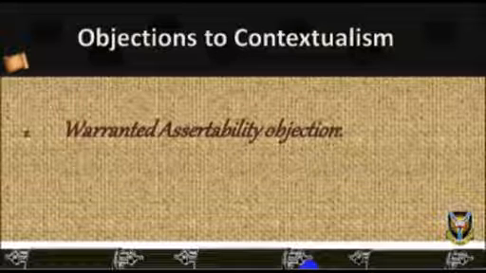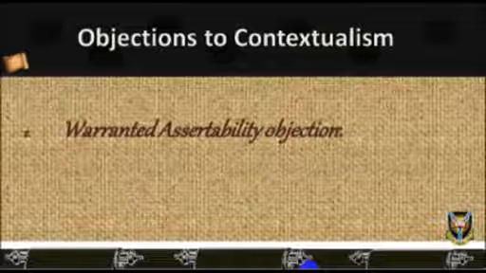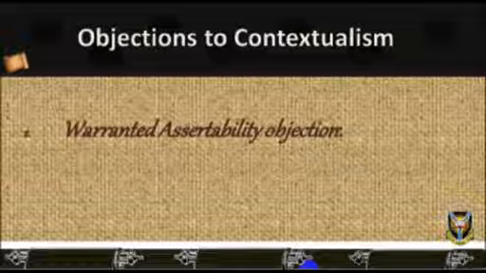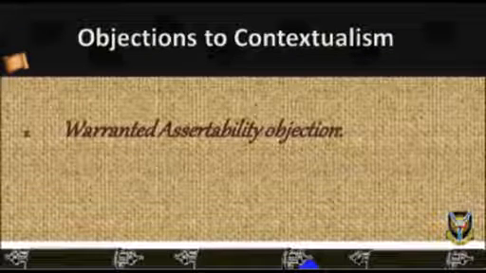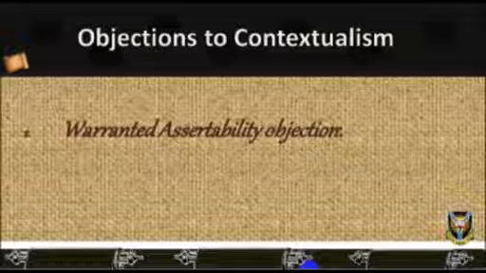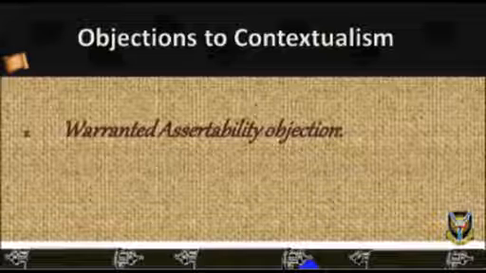The issue is whether these varying standards for when ordinary speakers will attribute knowledge, and or for when they are in some sense warranted in attributing knowledge, reflect varying standards for when it is or would be true for them to attribute knowledge.